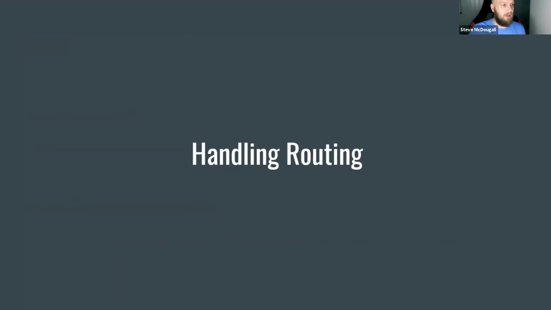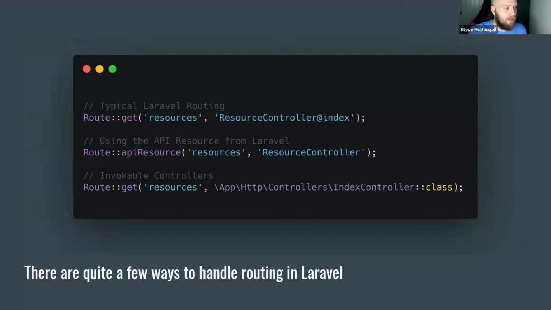And getting more into the routing, I suppose. So routing in Laravel, there's so many different ways you can do this, and there's no right or wrong way to handle routing in Laravel. You can do a simple get, put, patch, delete, options, trace request on an endpoint and pass it through to a method on a controller, on an action, on a service class, whatever floats your boat with that one.